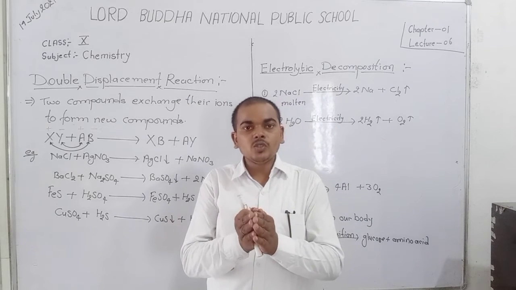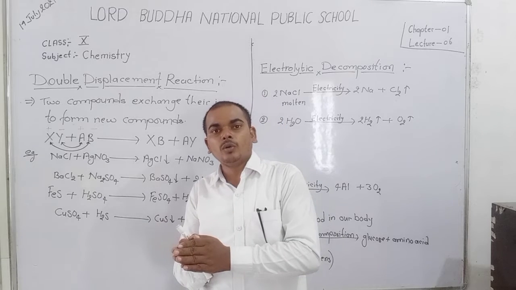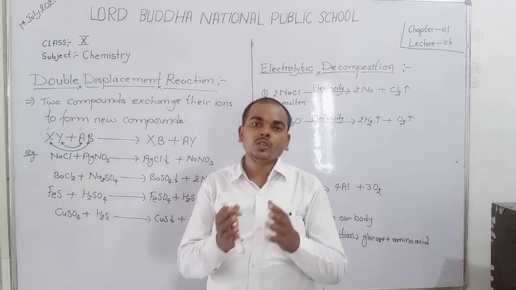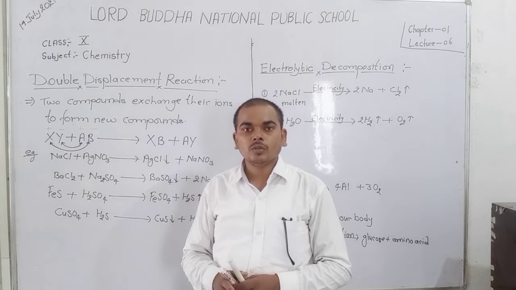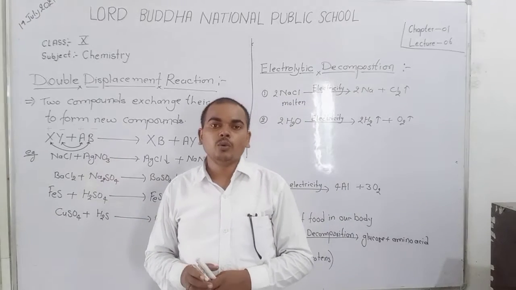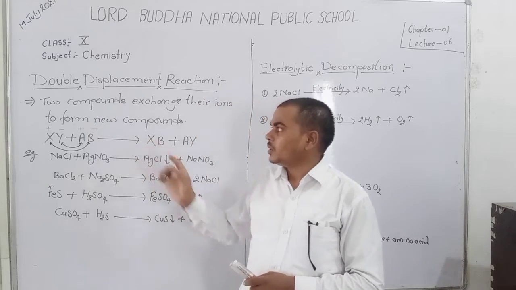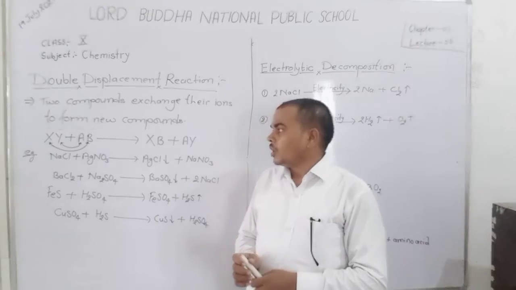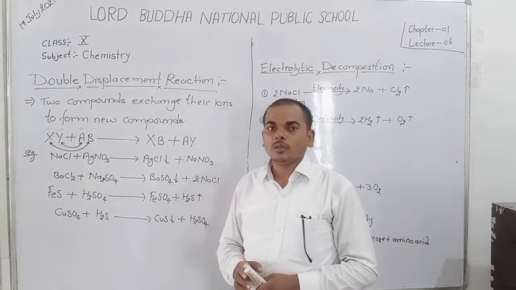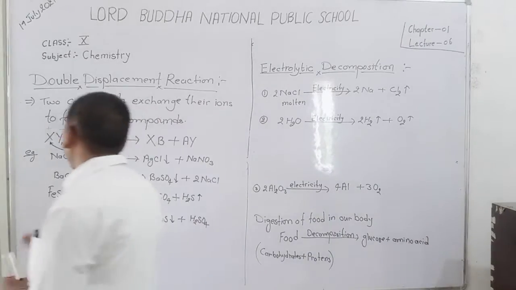If ion exchange is by a single compound, then the reaction is known as single displacement. But here the ions exchange between both compounds, so this reaction is a double displacement reaction.